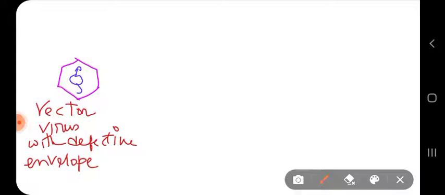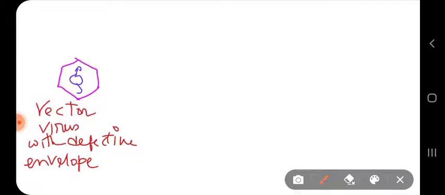So if the vector virus does not have the envelope because the gene responsible for envelope production is defective, the retrovirus cannot enter the host cell. But with the help of another virus which is acting as a helper, it will help that vector virus to enter.